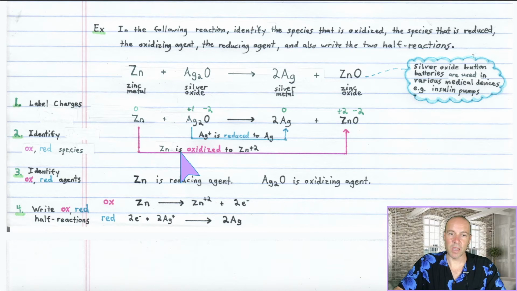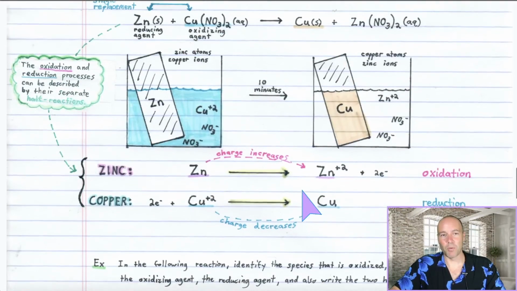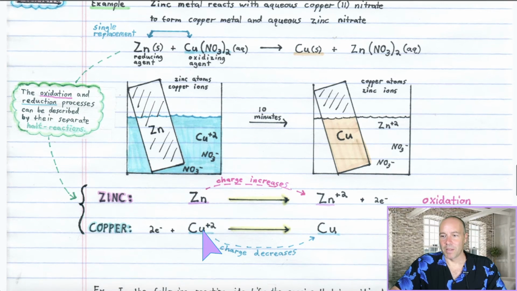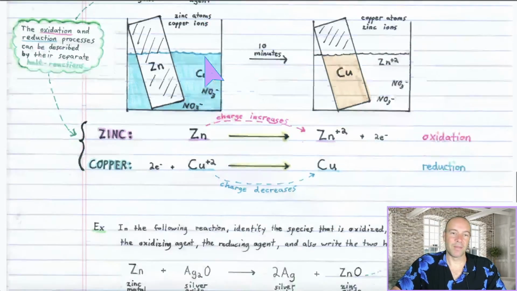And the reducing agent is the substance containing that which is oxidized. Okay, so kind of backwards there. If you go back to that previous example, the zinc was oxidized, so we call this the reducing agent, and the copper +2 was reduced, so we call that whole substance the oxidizing agent.